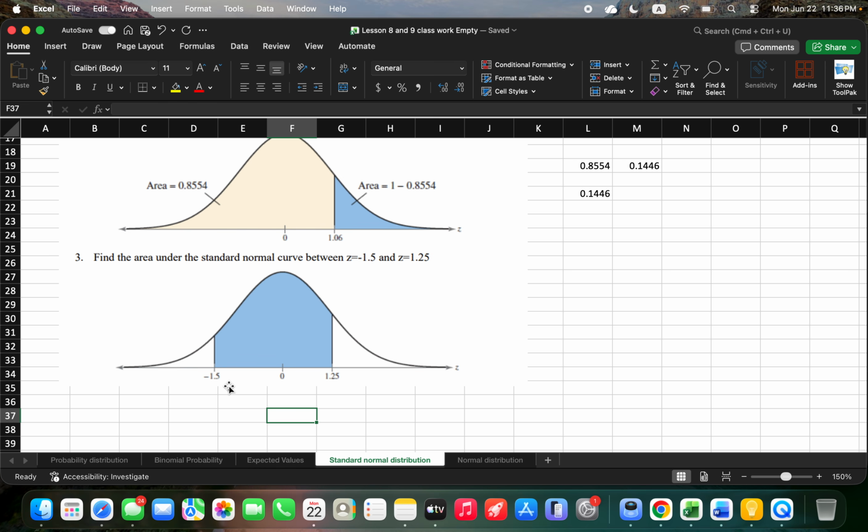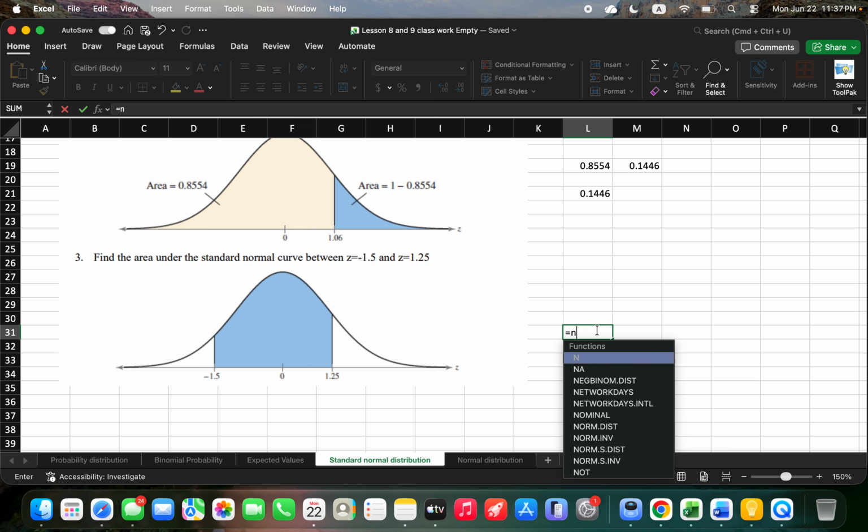And if you're reading z equal to negative 1.5, it will give you the cumulative area from the left side up to negative 1.5. So basically you read the z-score 1.25 and then subtract the area for z-score negative 1.5, and you will find the area in between. So that's how you do it.